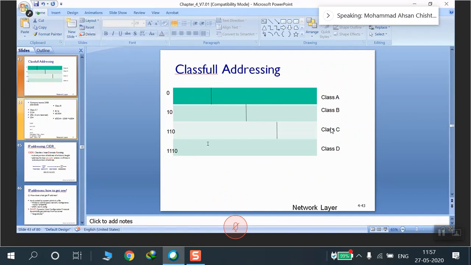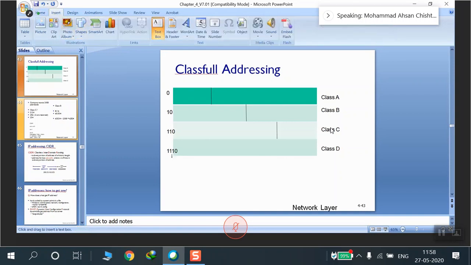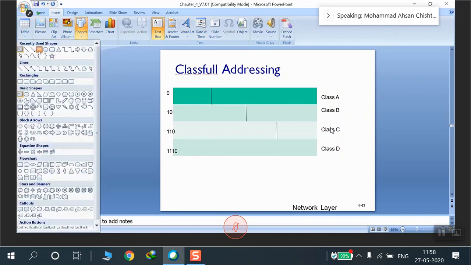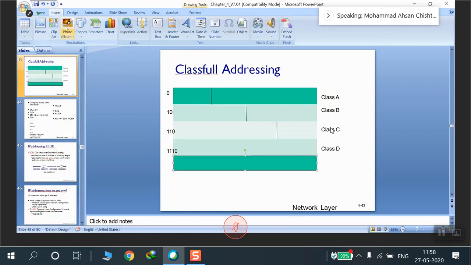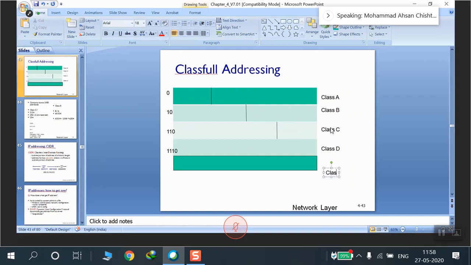Let me just write that down. And also there is the fifth one, which I forgot to mention here. Let me just draw a box here to indicate that beyond this there is one more. This we call class E.